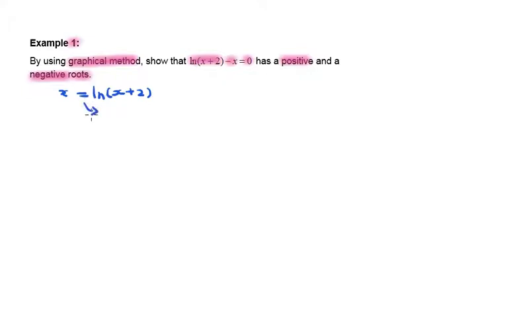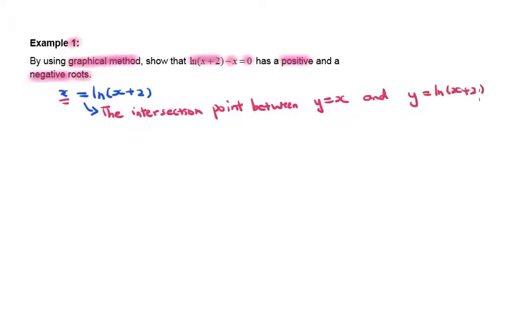Equal, in the geometric aspect, means the intersection point between two graphs. The first one is a linear graph, y equals x on the left hand side, and the second one is a curve, y equals ln(x plus 2).